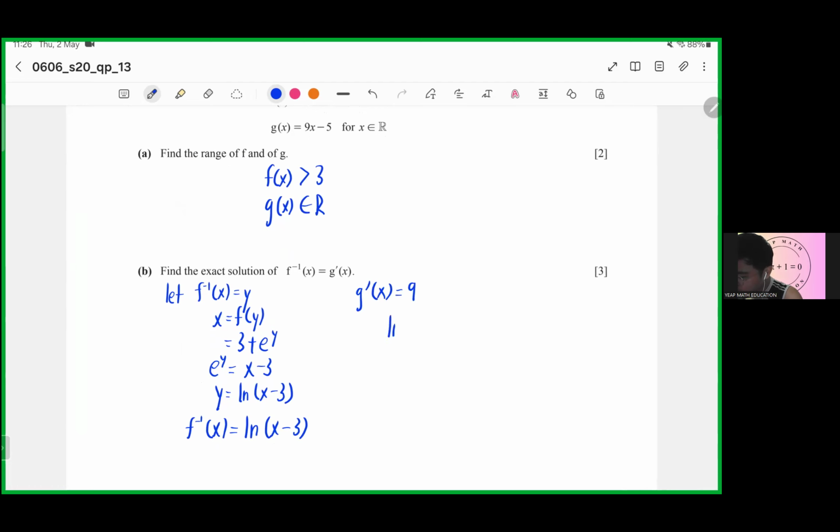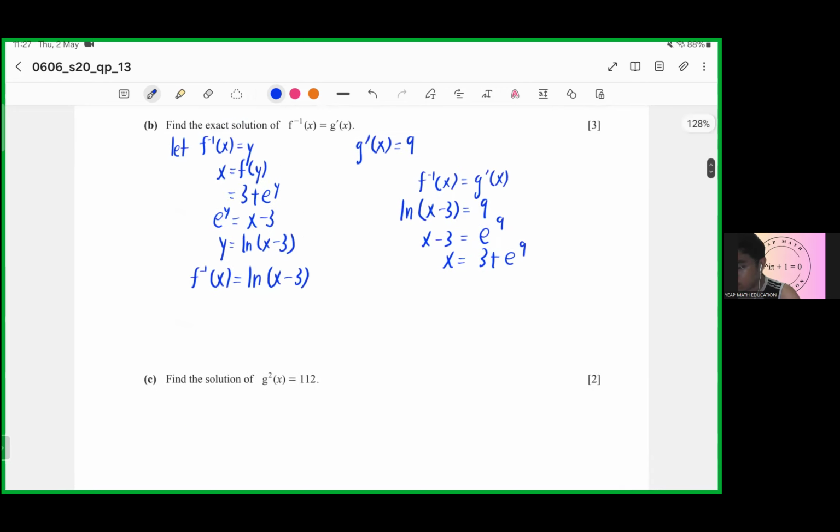So ln(x minus 3) equals 9, so x minus 3 equals e^9, and then x equals 3 plus e^9. Because the question already says exact solution only, we don't need to write in decimal form.